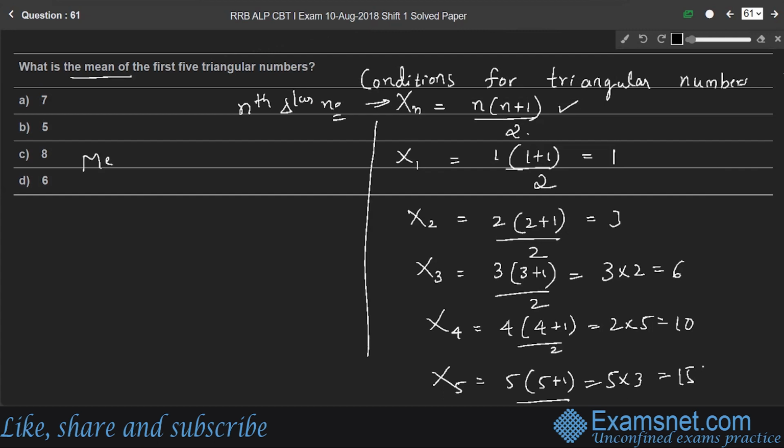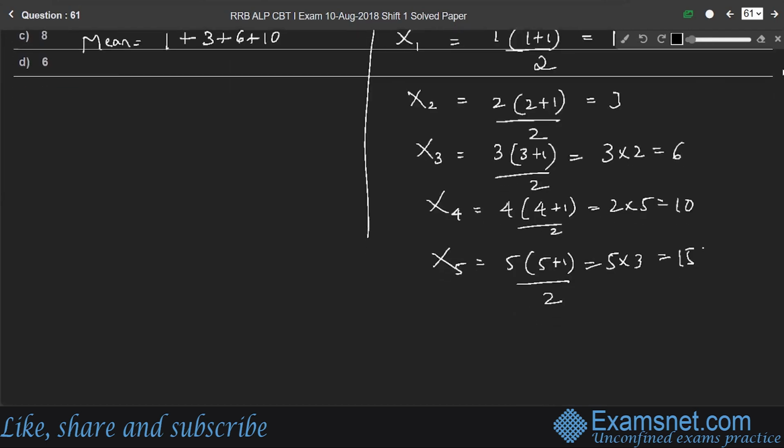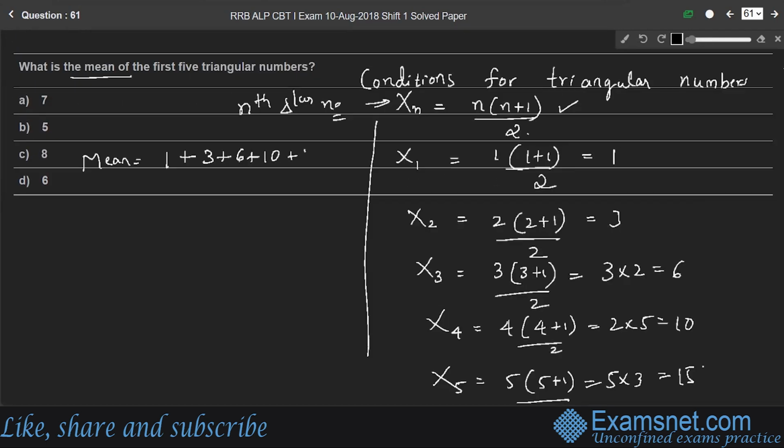So mean is equal to, so 1 plus 3 plus 6 plus 10 plus 15, right? So these are the first 5 triangular numbers divided by, so how many triangular numbers we are considering? 5, right? So that means mean is nothing but their sum of triangular numbers divided by number of triangular numbers.